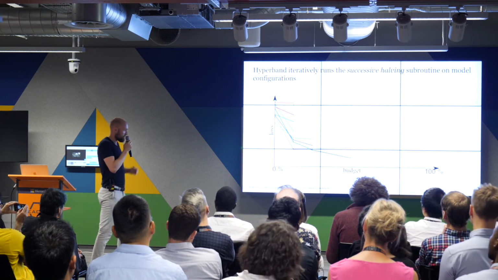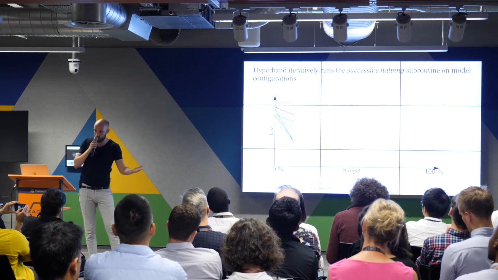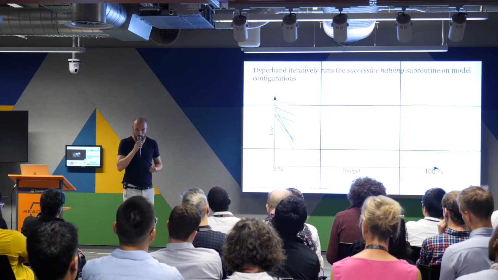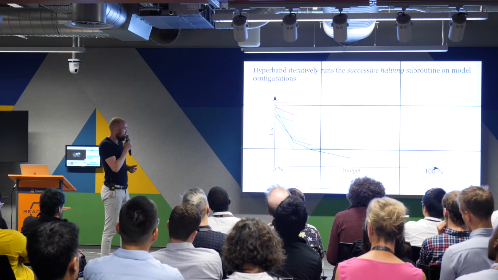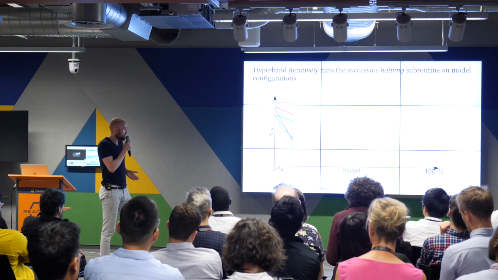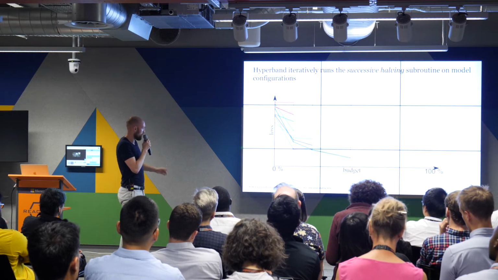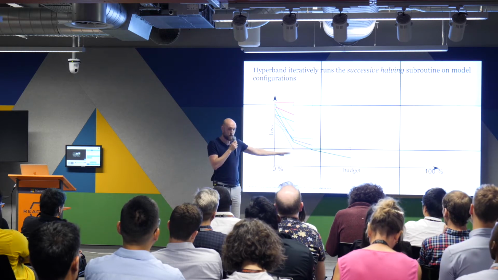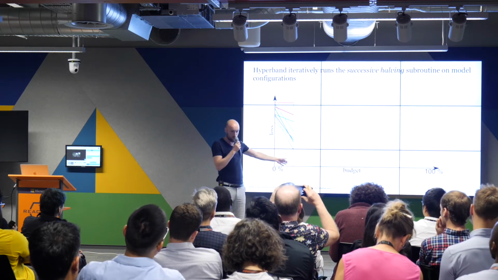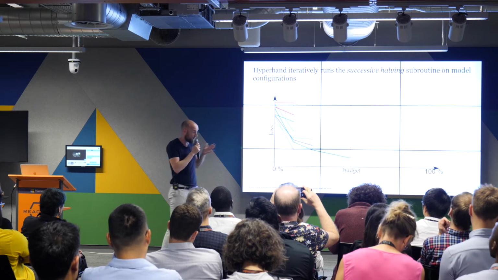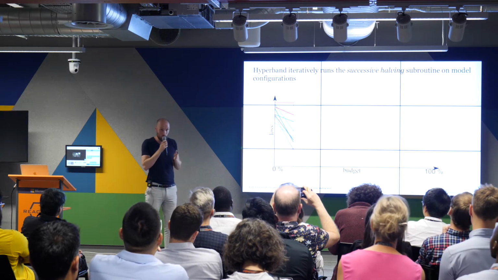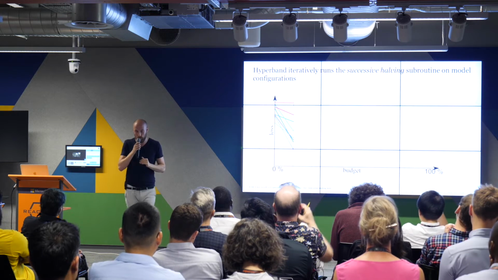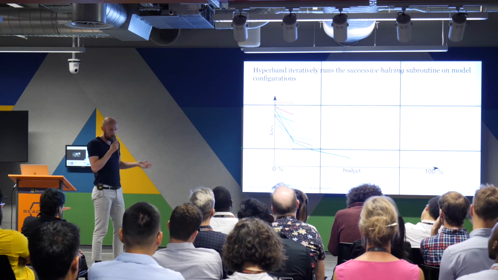I then have what's called a reduction factor, which in this particular example is set to 1/8. That means that at 1/8 of that budget, I look at all my models, see which ones are performing better and which are performing worse, and chuck off 12.5% of the worst performing models.